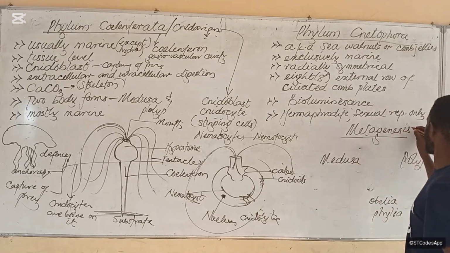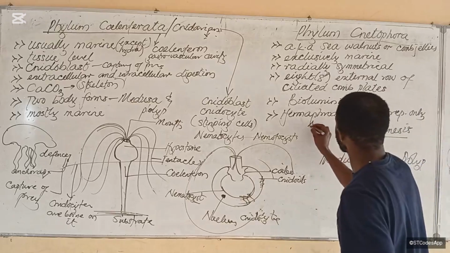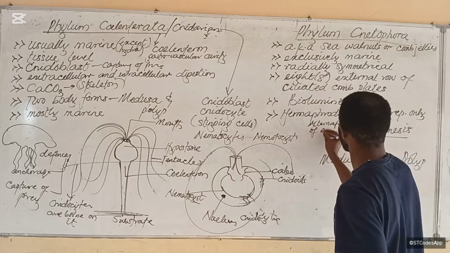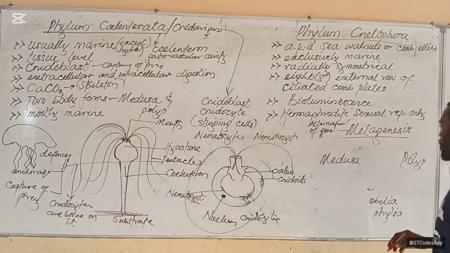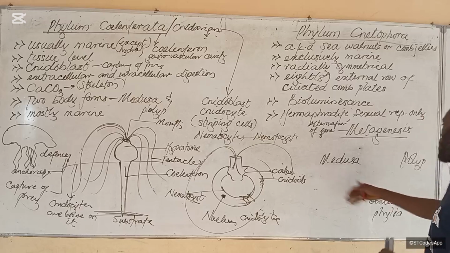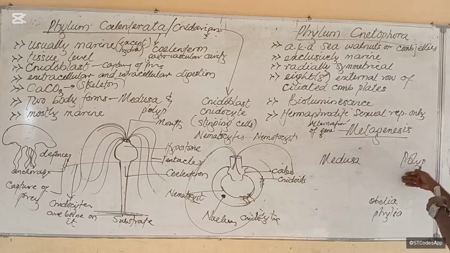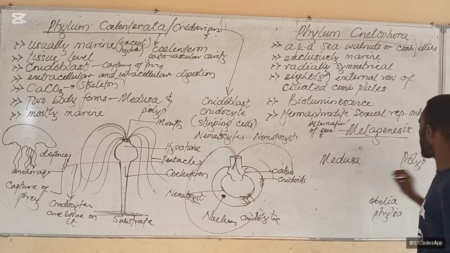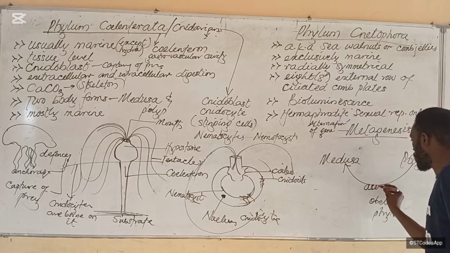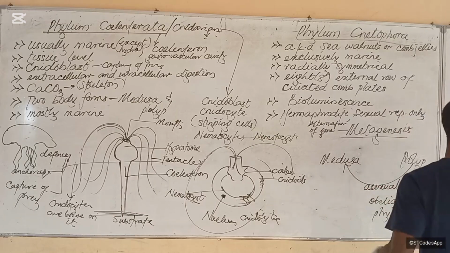I said metagenesis is what? Alternation of generation. Now, what will happen is that half of their life they exist as a medusa, and half of their life they exist as a polyp. So the polyp will give rise to the medusa by asexual reproduction.